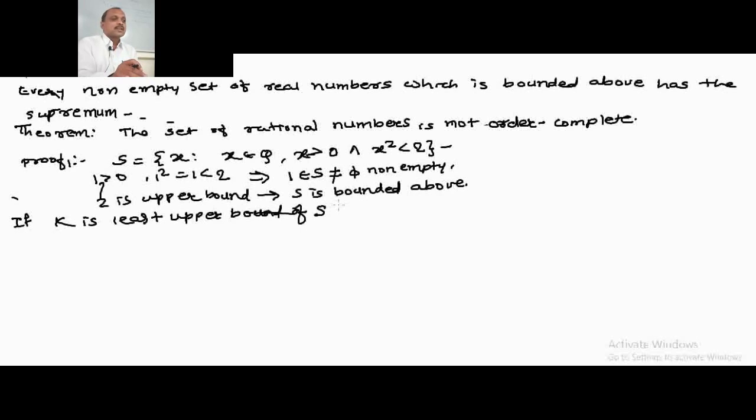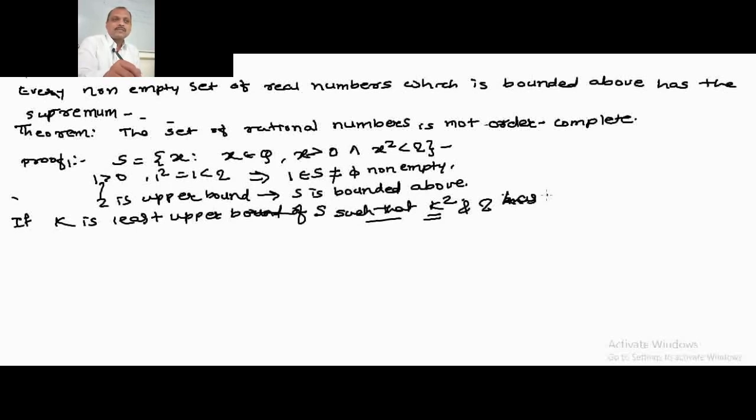Then K is a least upper bound of this set, and there is another condition: K square and 2 have three types of relation.